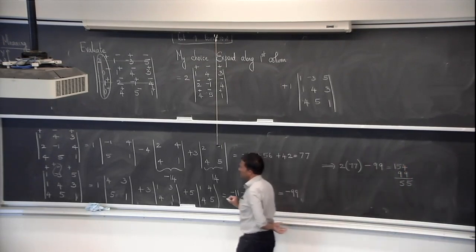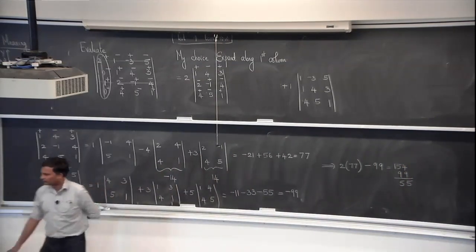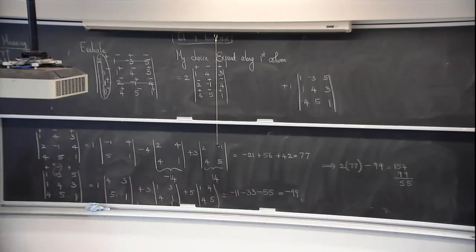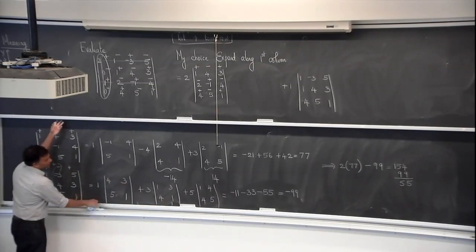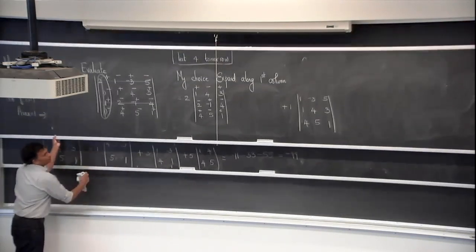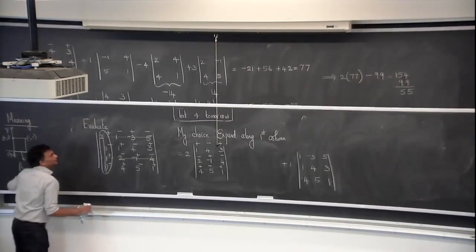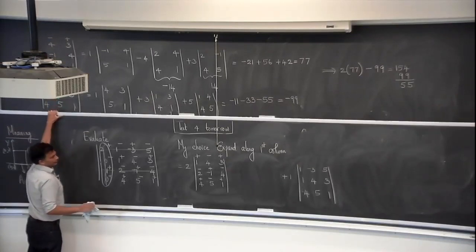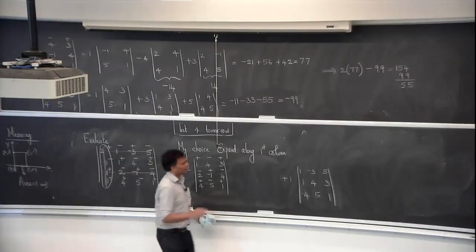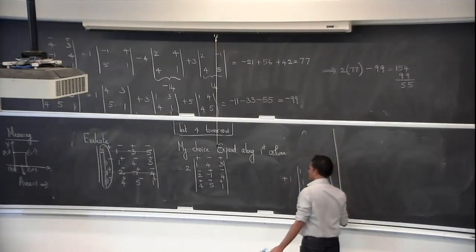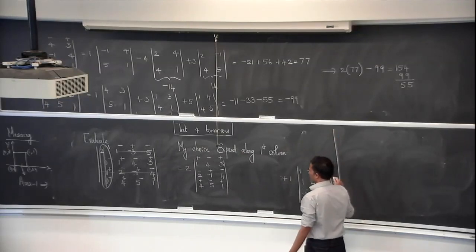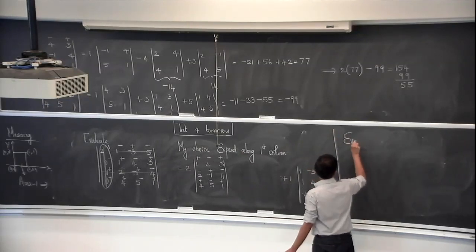All right. So that is how you do a 4x4 without going crazy. There's a slightly kind of a trick question. Evaluate the following 5x5 determinant.